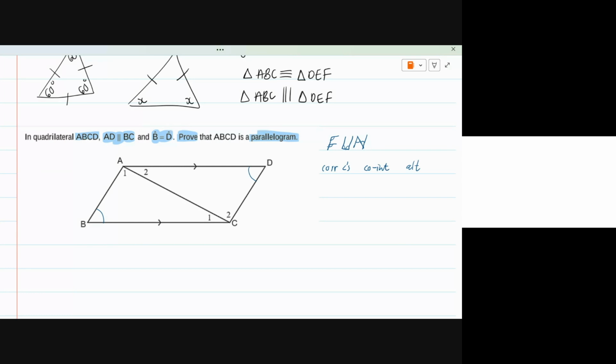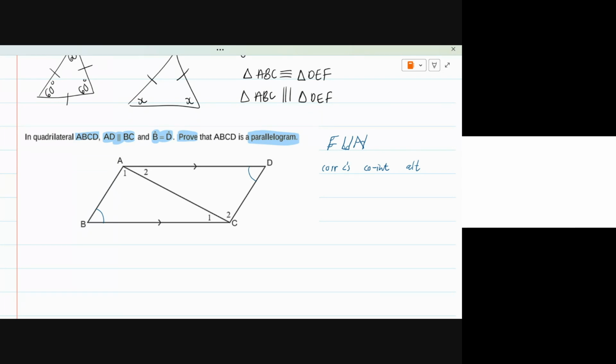Now, the next thing they say, or the instruction really, is that we must prove that ABCD is a parallelogram. My next question might seem obvious, but do we know that ABCD is a parallelogram? Yes or no? Abu says no, and I'm getting people saying thumbs up.